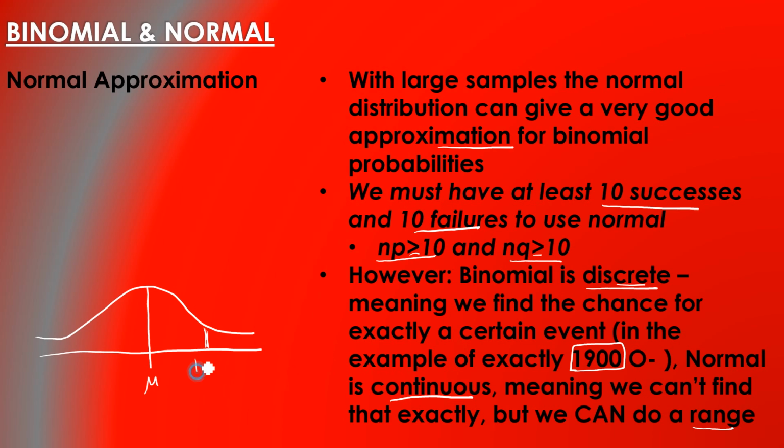Then in our example with the donation, I'm sure that with O negative being a universal donation, the Red Cross or whoever's collecting donors wouldn't mind getting more than 1,900. They don't need to get 1,900 exactly. So we would find this right tail end area under our curve.